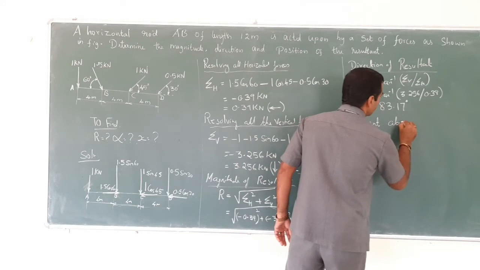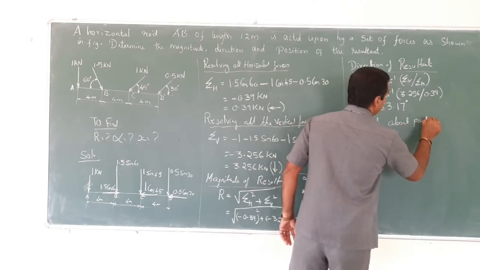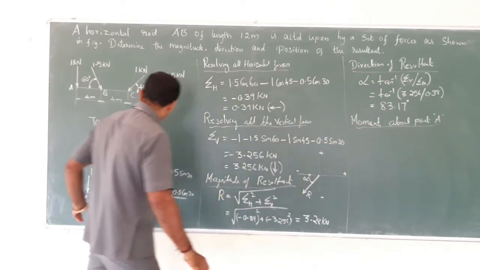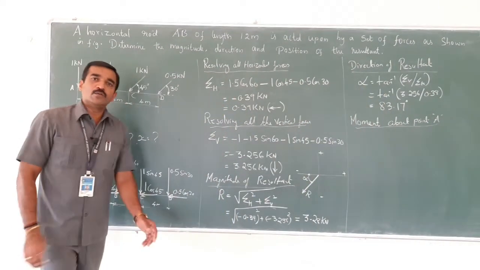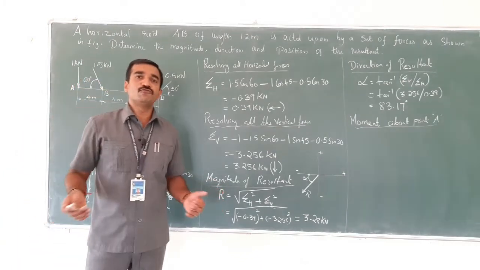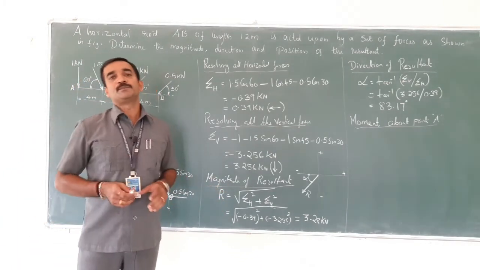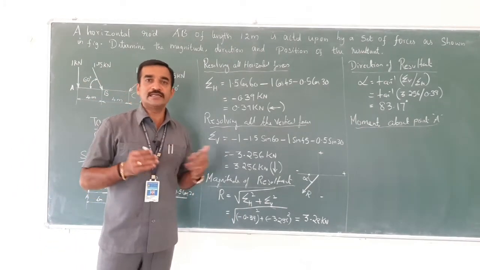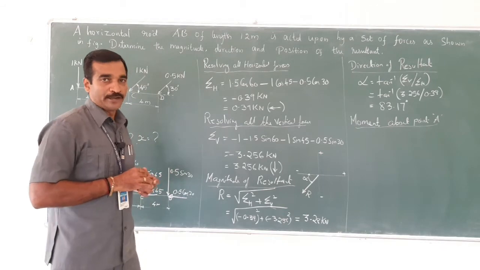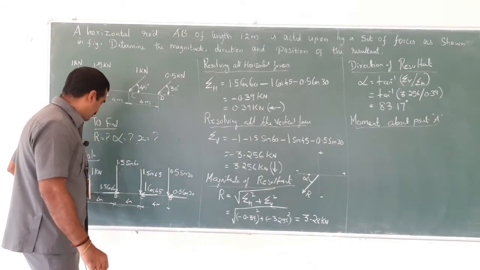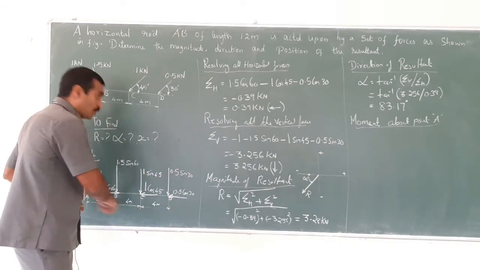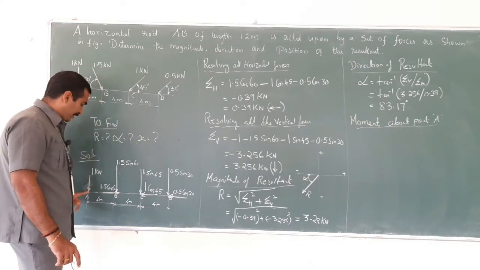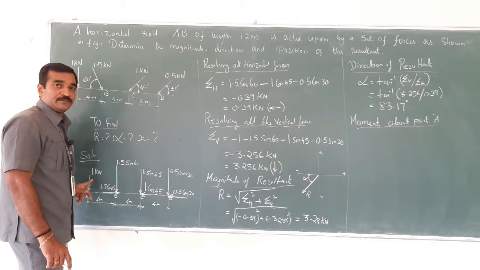Moment about point A. Let me just take the moment about point A. That is here, point A. By the way, what is moment? It is the product of force and perpendicular distance of the line of action of the force about the same point, isn't it? So let me just take the moment about point A. A force is acting at point A with a magnitude of 1 kilonewton, right?